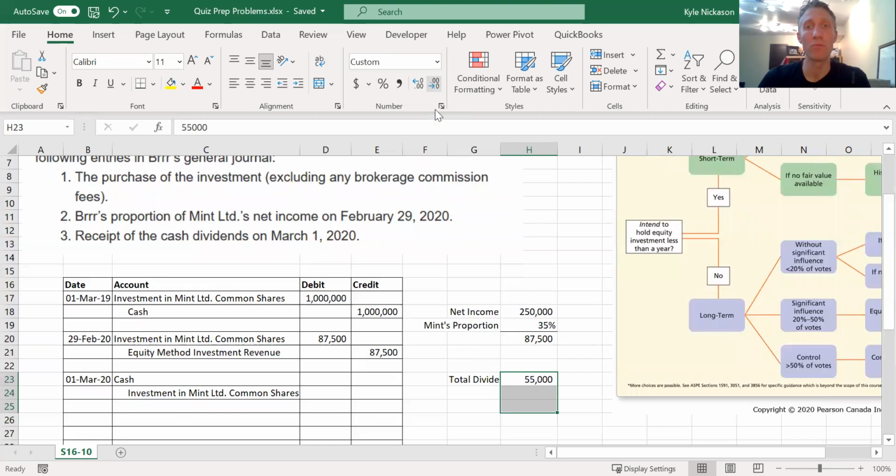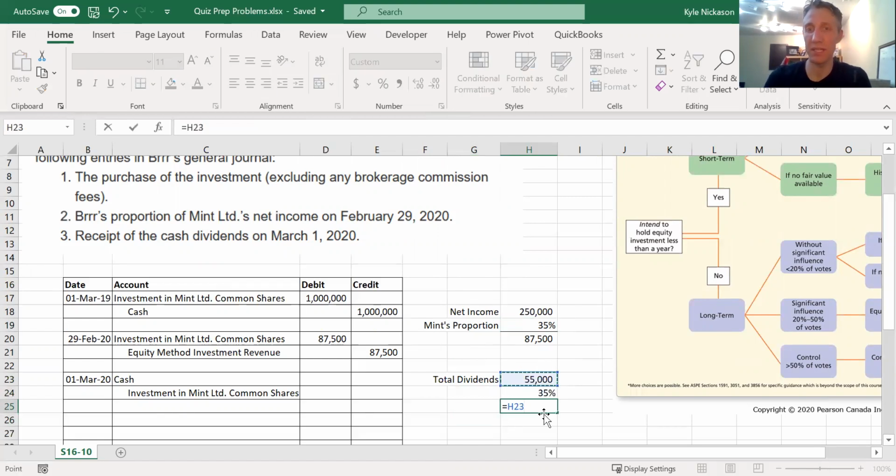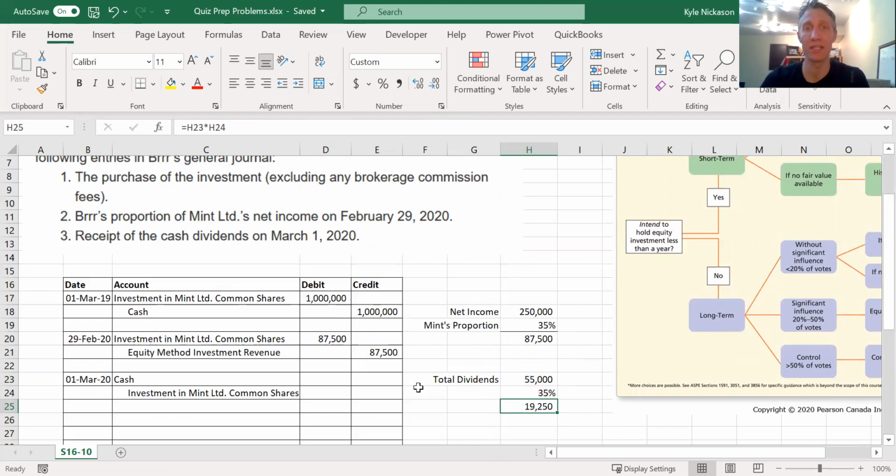Now, Burr Incorporated does not have claim to all of these dividends. Instead, they are only going to be receiving 35% of them. So they're going to receive as cash $19,250 in dividends. Okay, so their cash is going to go up by 19,250.